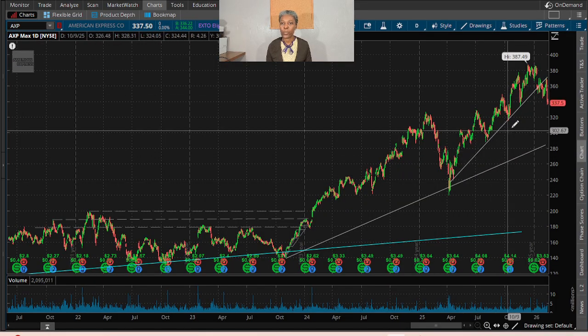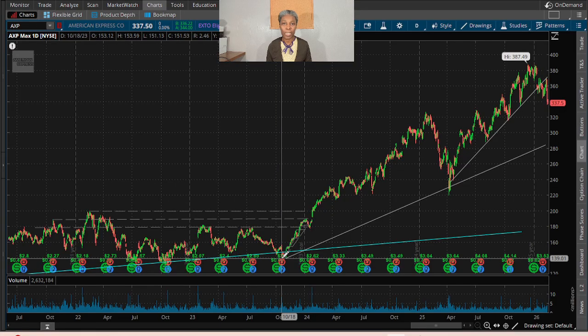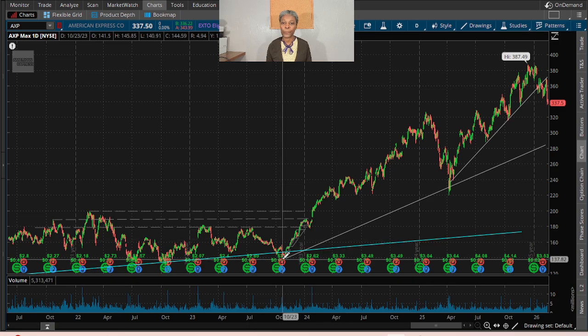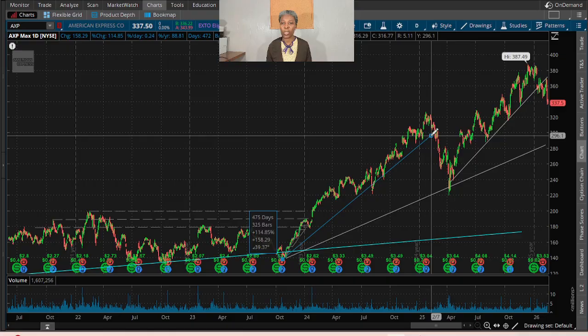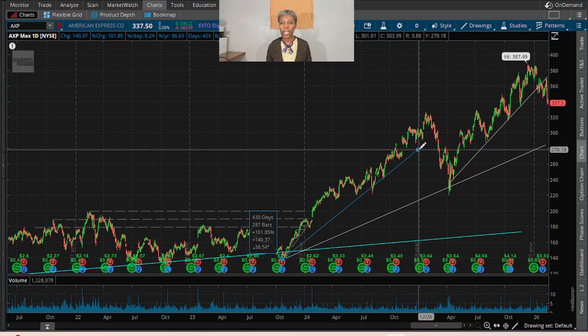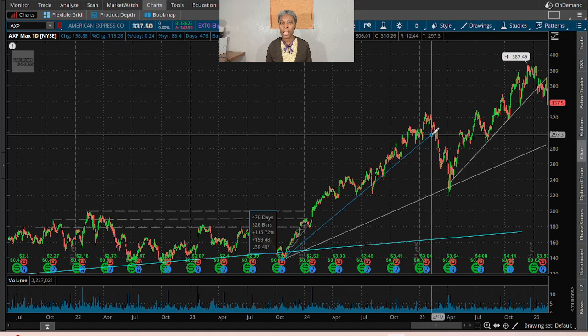So we have this support line here. If I want to trace one in the past to see the previous trend, I can trace this one here, trying to understand what happened here, in case it happens again. I can try to see if I can touch multiple points.